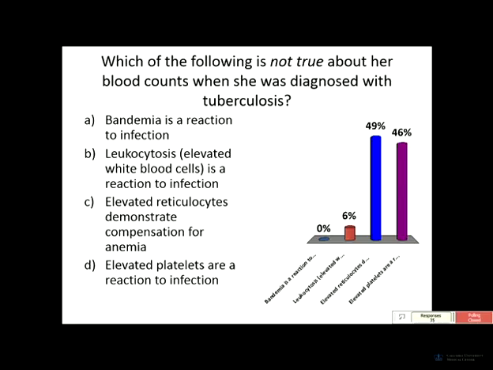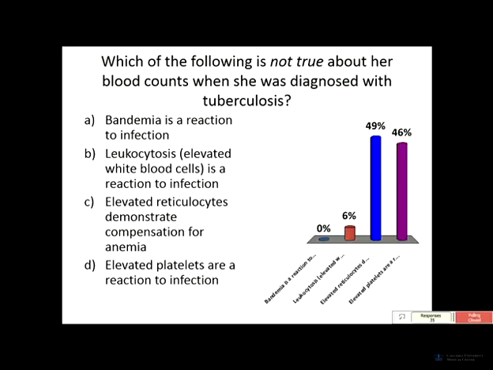half of you were saying that the elevated reticulocytes show compensation for anemia, and about half of you were saying that the elevated platelets are a reaction to infection. We haven't gone over this yet, but we're looking at what's not true here.